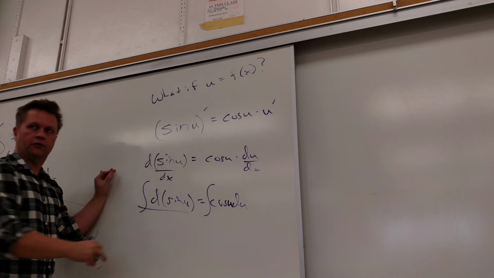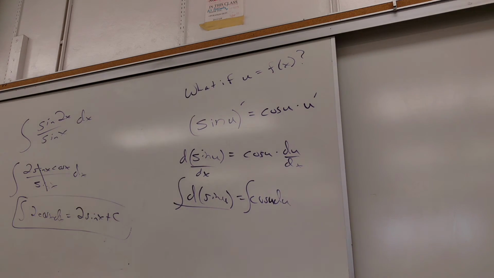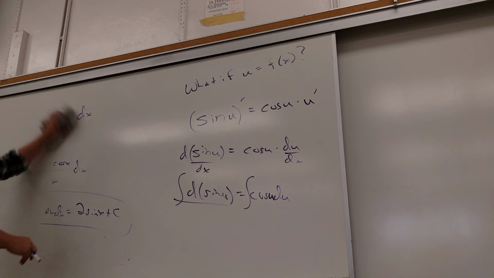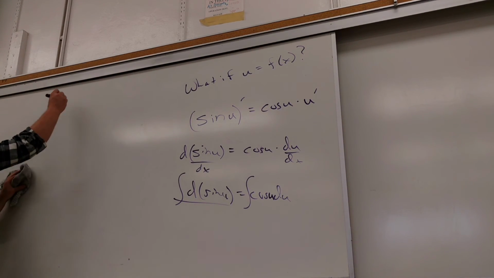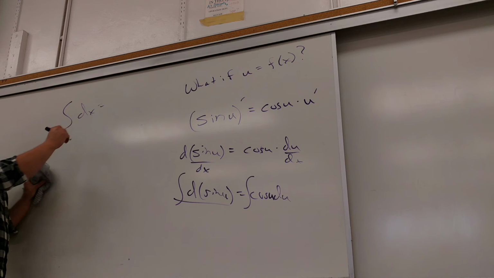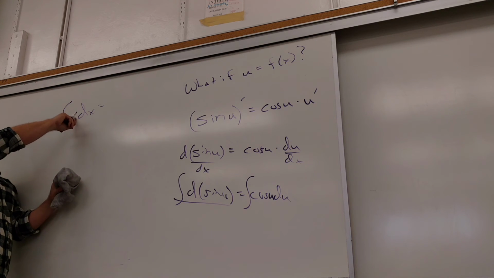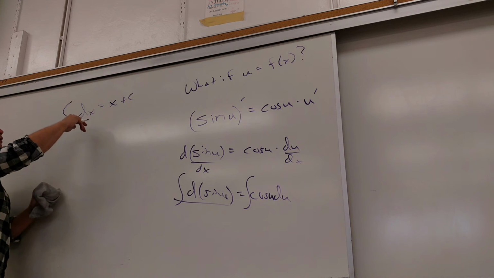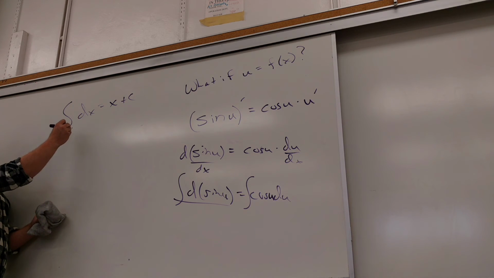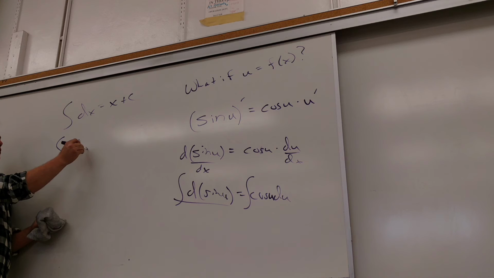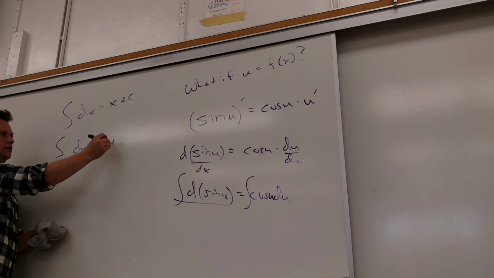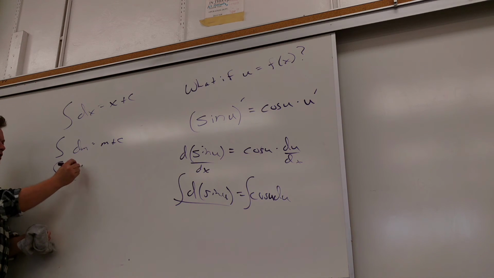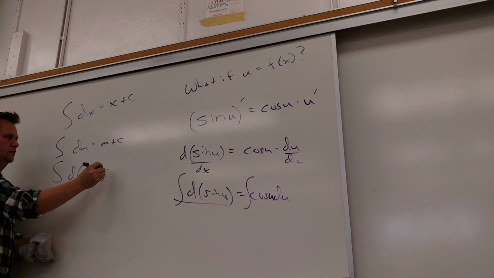So this is kind of weird looking, right? A little side note here. What's the integral of dx? x. Because what's understood to be in there? 1. So this is x plus c, so we need a plus c when we actually do that. What's the integral of dm? m. What's the integral of d tangent theta?